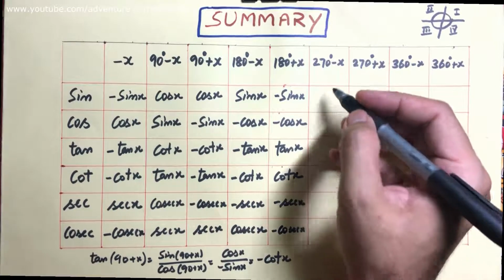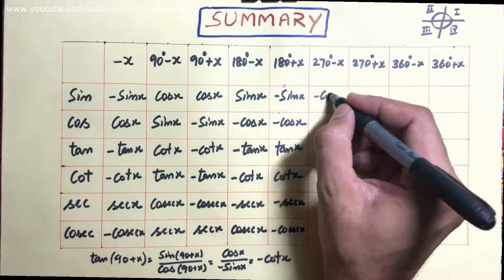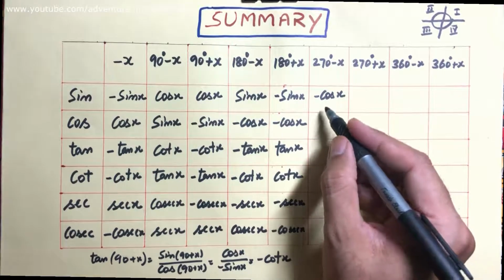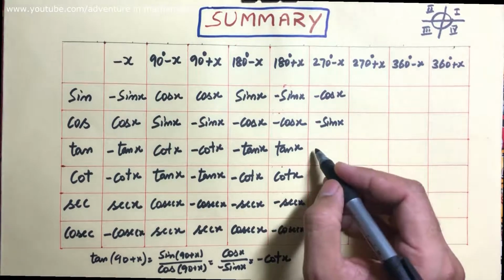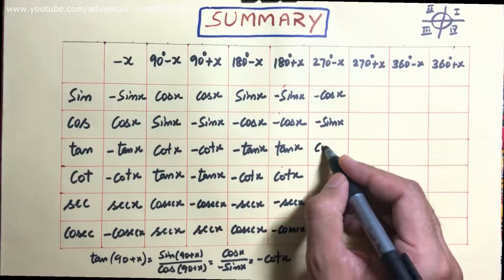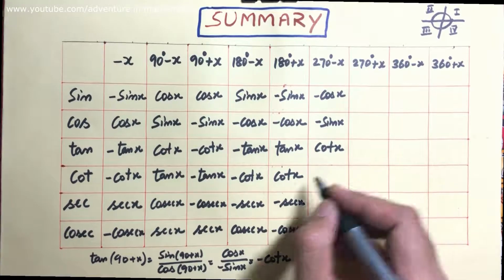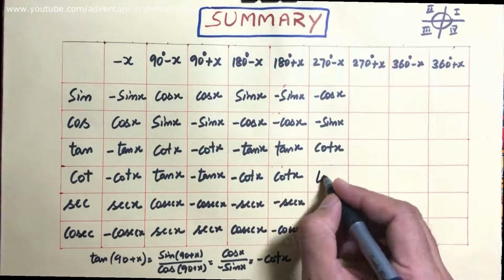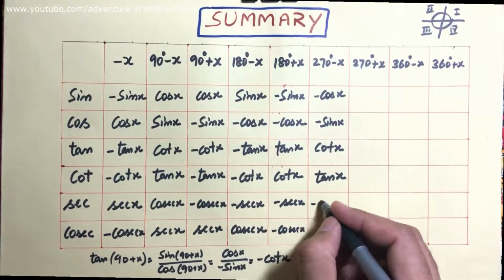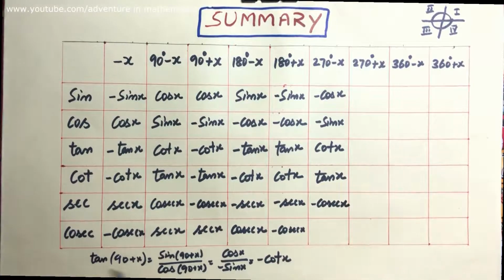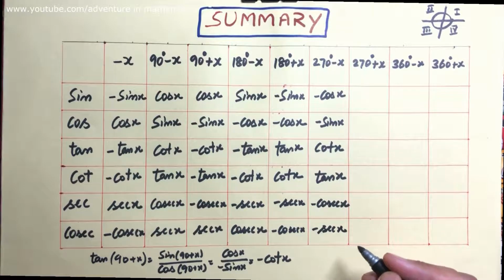Sin of 270 minus x is minus cos, and cos of 270 minus x is minus sin, and tan of 270 minus x is plus cot. Now their reciprocals: cot of 270 minus x is plus tan, and for secant we reciprocate this, minus cosecant x, and for cosecant we reciprocate this, minus secant x.